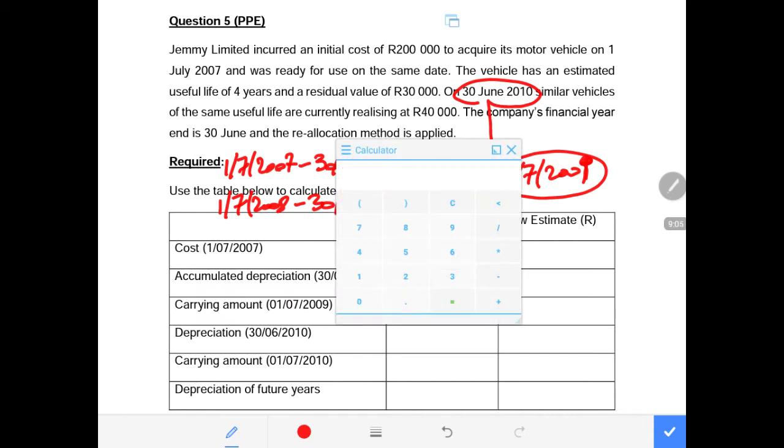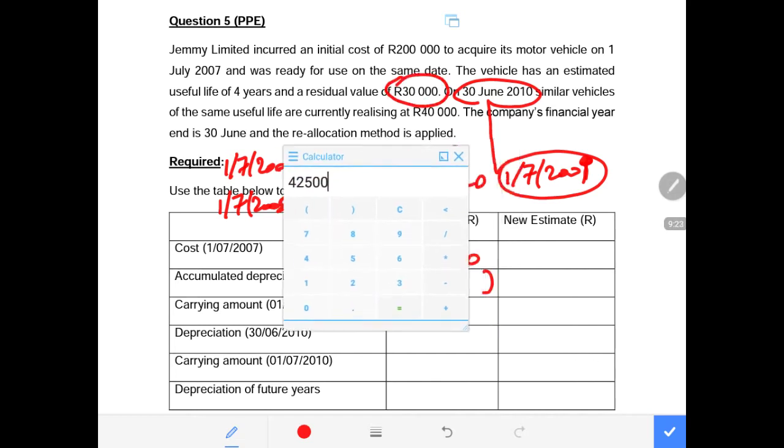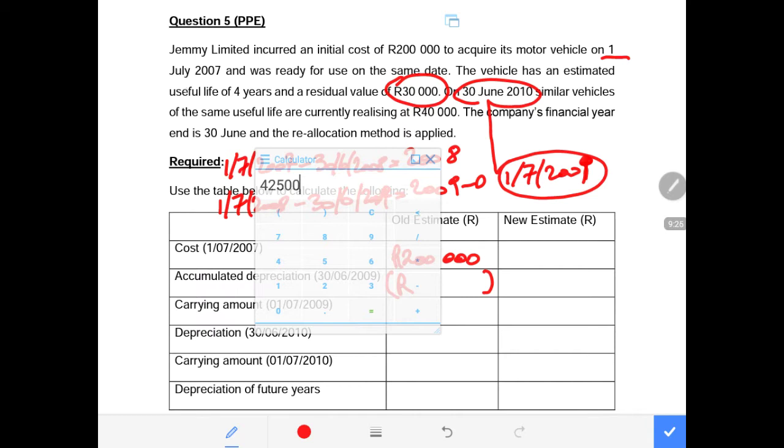So now let's calculate our depreciation, which is the cost of this asset of 200,000 rands minus 30,000 rands. Remember, we are still focusing on the old estimate. We don't change that old estimate. We divide now by the number of years, which is 4 years. And fortunately, this asset was bought at the beginning of the accounting period, so we don't have to worry about the number of months.